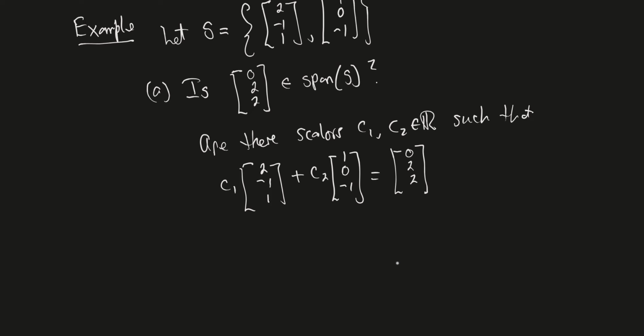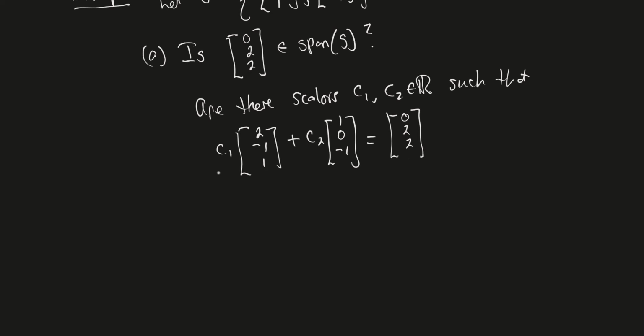Well, let's see. Let's write this in our augmented form because we know this vector equation has several equivalent forms. There is the standard linear system, the augmented form, the matrix form, and now the vector form. I think the key is that we have to be comfortable moving back and forth amongst all those forms.